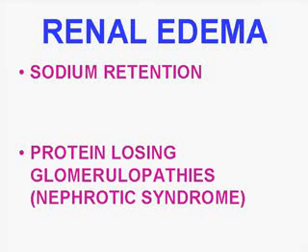And also in many of the renal diseases, especially the glomerulonephropathies, you have leakage of proteins through the glomerular basement membrane, and therefore you have decreased protein in the blood, not because it's not being made, like with liver failure, but because it's being lost through glomerular leakage.